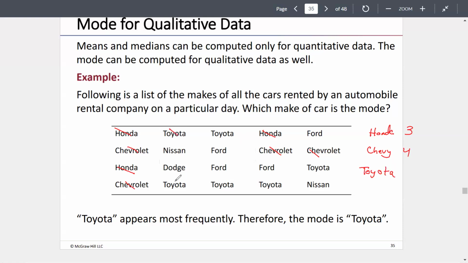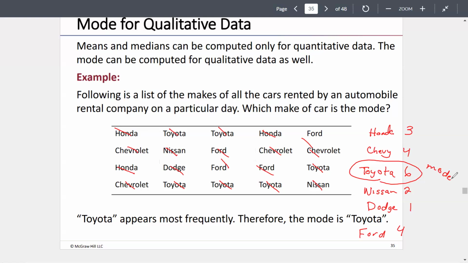We got 1, 2, 3, 4, 5, 6 Toyotas. We got Nissans, I have 1, 2 Nissans. We got a Dodge, looks like just 1 Dodge. And then there's Ford. When we count the Ford, we have 1, 2, 3, 4 of them. So in this case, we can have a mode. The mode would be the Toyota.